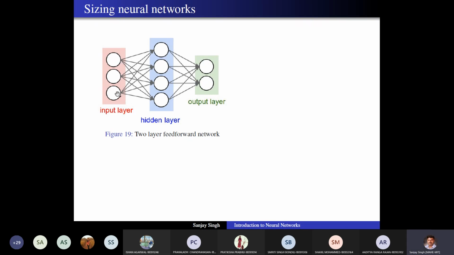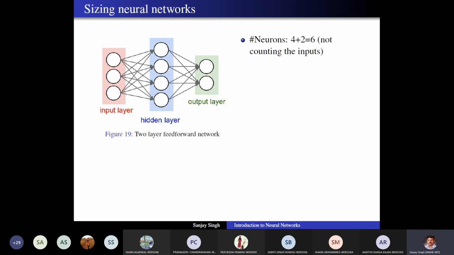Excluding that, we have four neurons in the hidden layer and two in the output layer, so effectively 6. The number of neurons is 6, and of course we don't count the input layer.